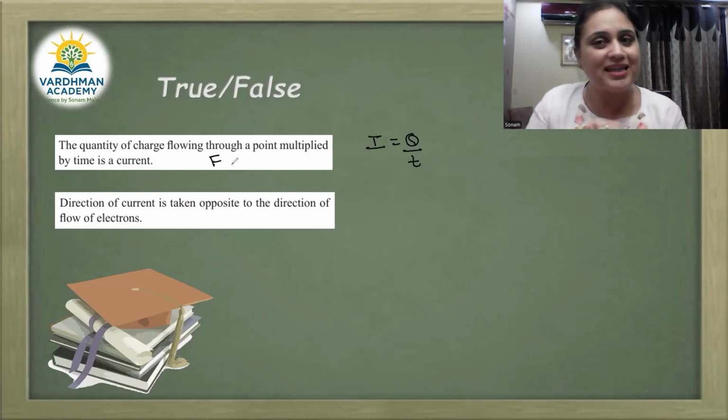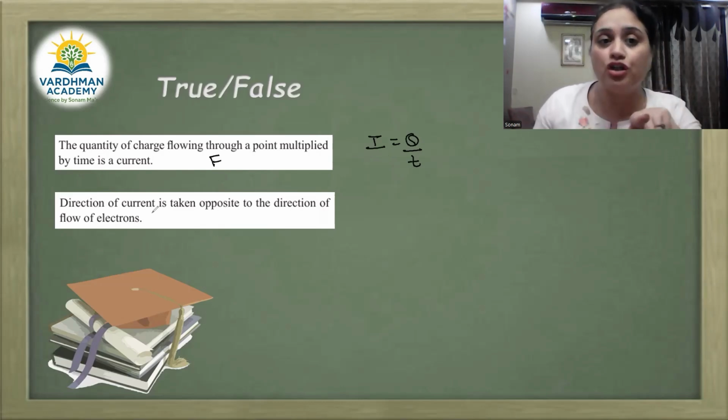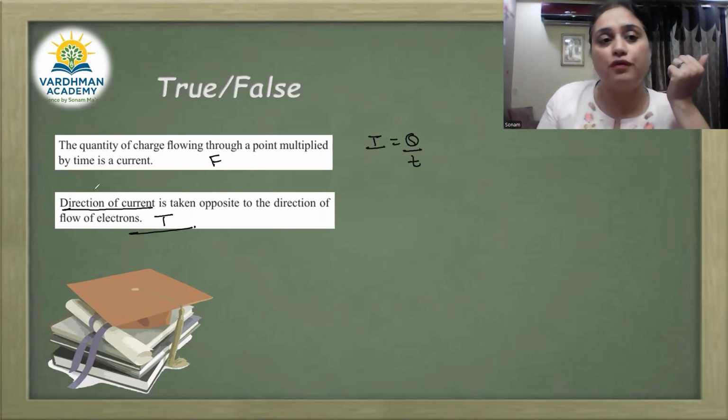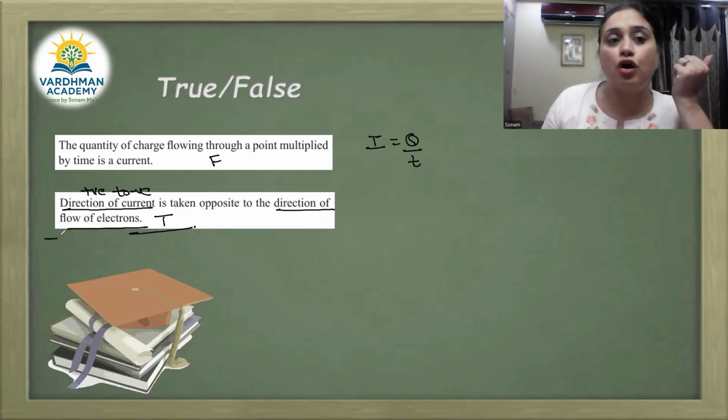That makes the statement false. Direction of current is opposite to the direction of flow of electrons. Is this true or false? This statement is true, children. Why? Because the direction of current is from the positive terminal to the negative terminal, and the direction of flow of electrons is from the negative terminal to the positive terminal.